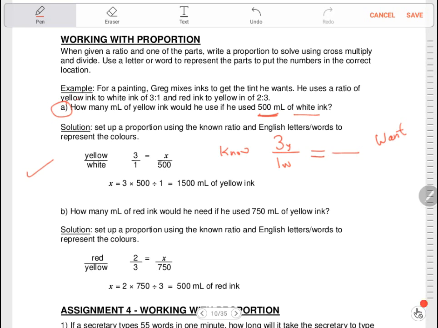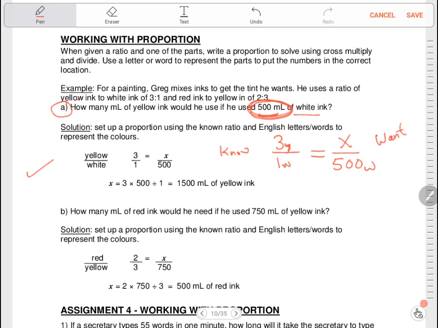If you follow the example I'm using here, you'll notice that the yellow is on the top on the left-hand side, and the white is on the bottom on the left-hand side. So if you follow that reasoning, that means the 500 milliliters of white ink should match and be on the bottom on the right-hand side. And the question says, how many milliliters of yellow ink? Well, that's your unknown. That's what you want. That's where your x goes.